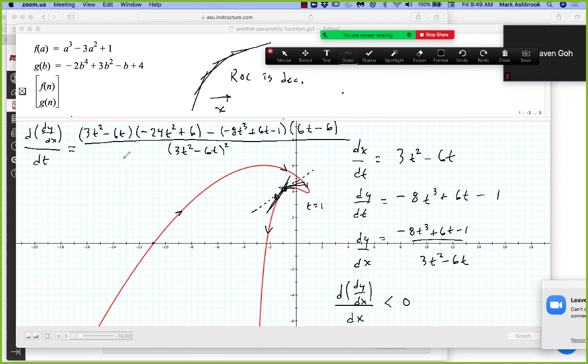Same thing? Yeah. Okay. So let's try to simplify this as fast as we can without making a mistake. So, okay, to the fourth. So it looks like negative 72t to the fourth plus 48, 24 minus 24t cubed.